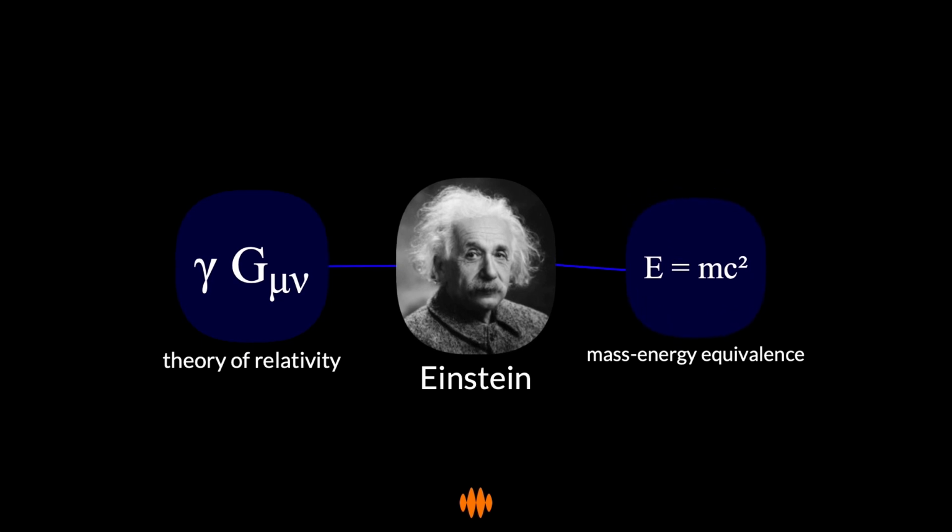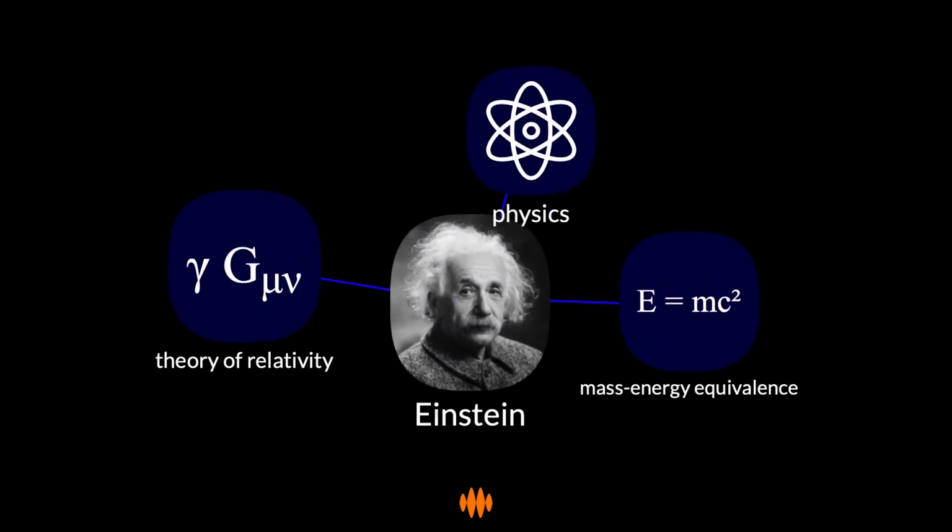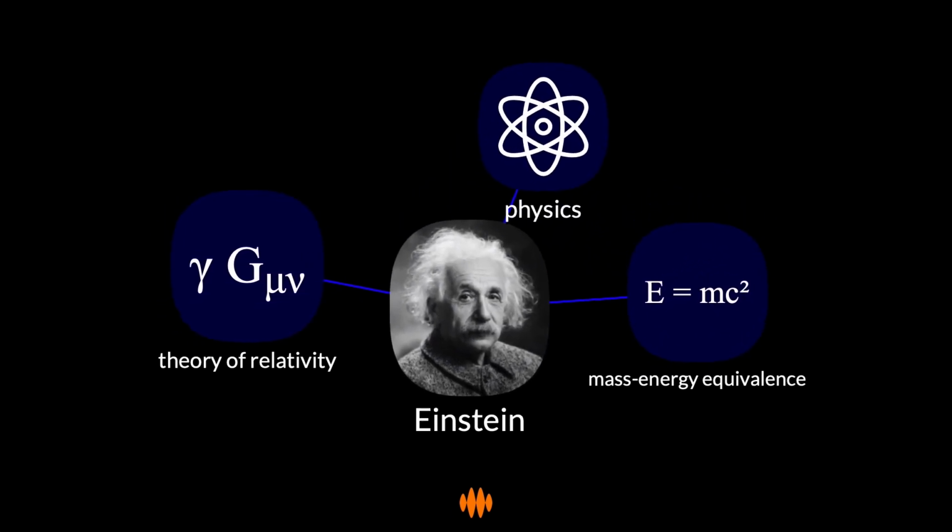And of course, this is all physics, Einstein being probably one of the most famous of all physicists. These connections between Einstein and other ideas such as relativity, mass-energy equivalence, and physics are represented in Open Web Mind as edges between the node representing Einstein and the nodes representing those other ideas.